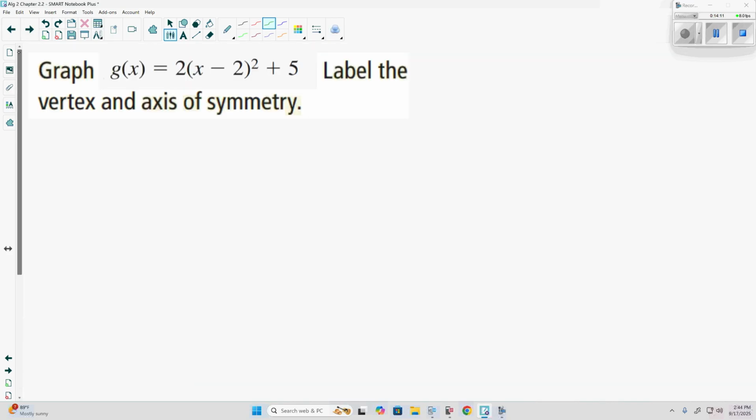So, g of x equals 2 times x minus 2 squared plus 5. So we're going to relate it back to the general form. A, H, and K. So looking at this here, what would the value of A be? 2. What would our value of H be? Positive 2, and K would be?